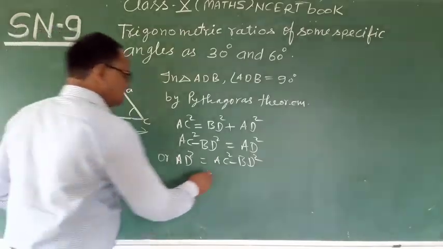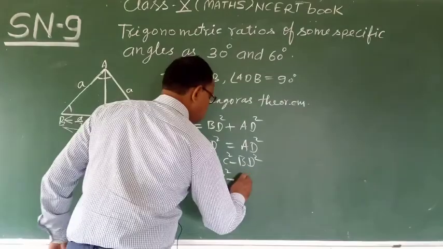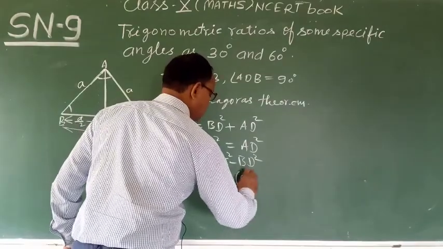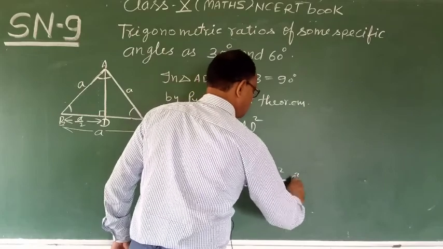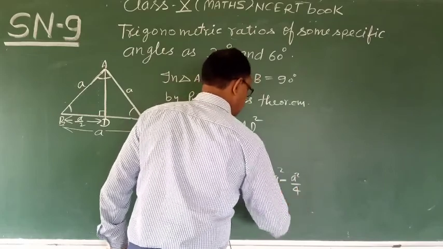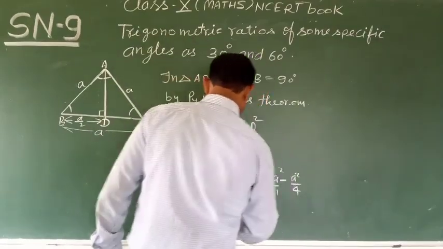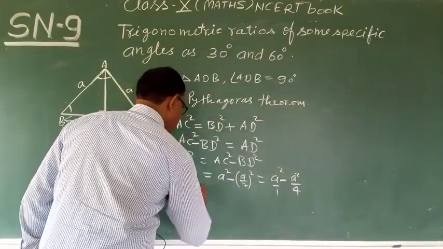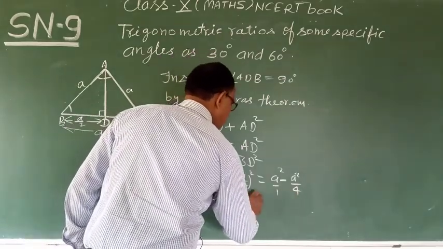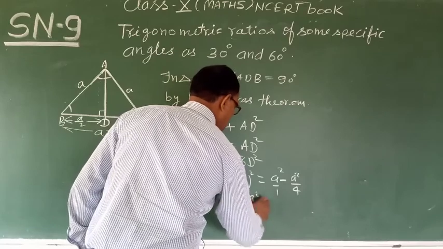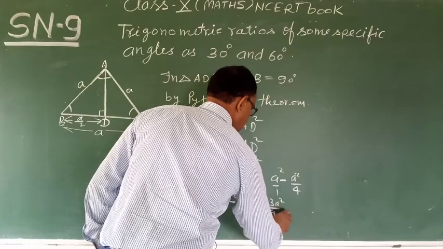AC square means a square, minus BD, a by 2 whole square, which is a square by 4. Here we can take a square: AD square is equal to 4a square minus a square by 4, which is 3a square by 4.